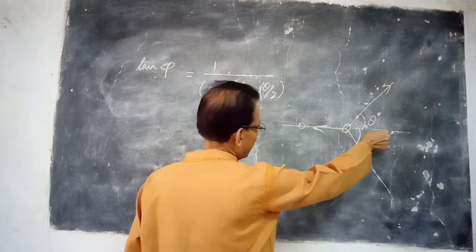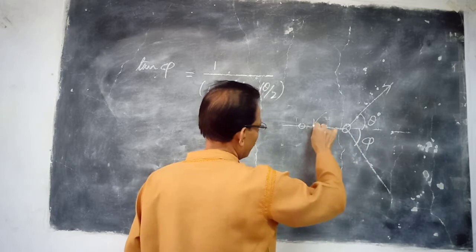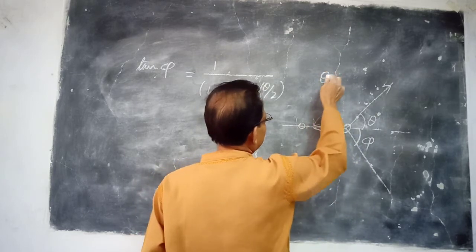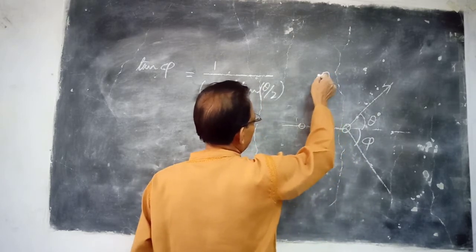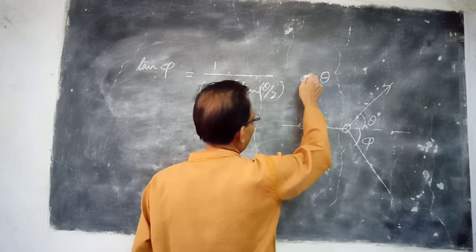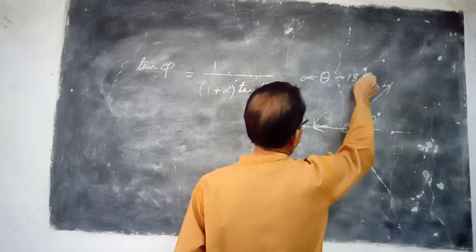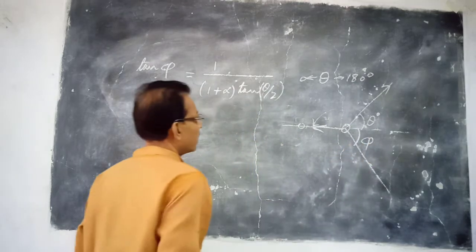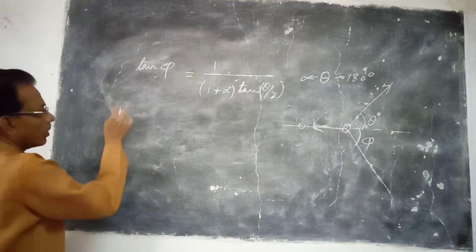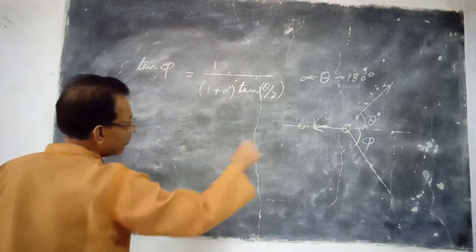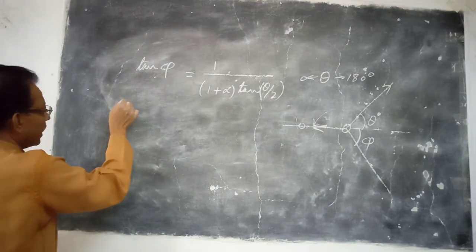So theta varies from 0 to 180 degrees. Then how will phi vary?